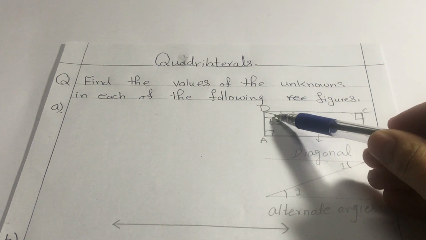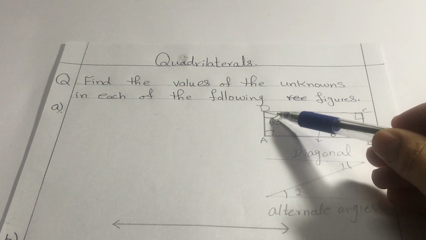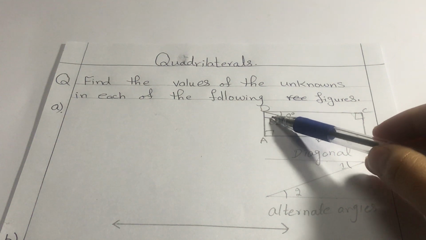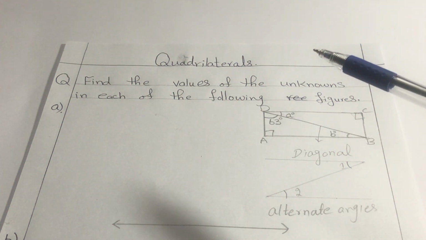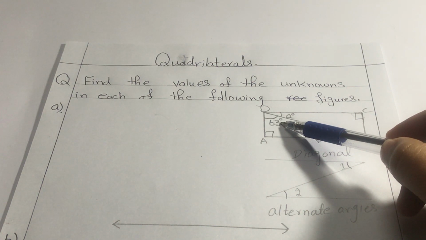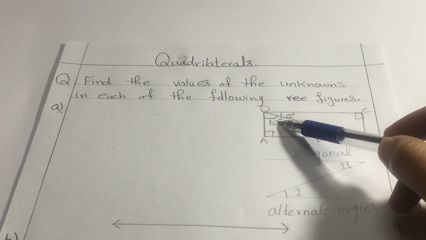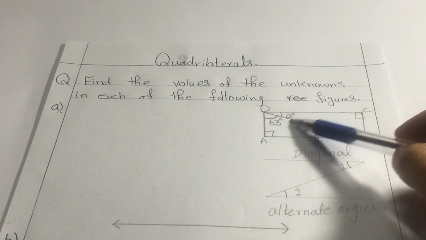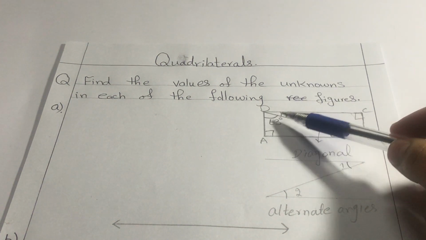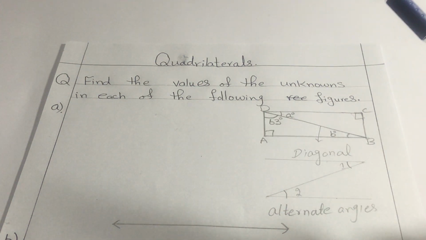Now you can see because of this diagonal, this complete 90-degree angle is divided into 2 parts. And these 2 parts are A degrees and 63 degrees. That means this complete angle is equal to 90 degrees, and if we add these 2 angles, we should get the answer 90 degrees, right?